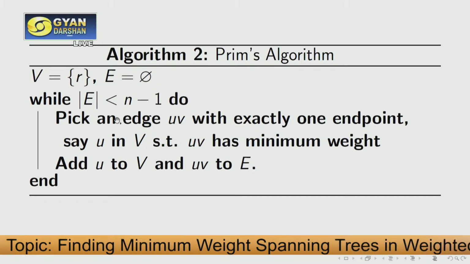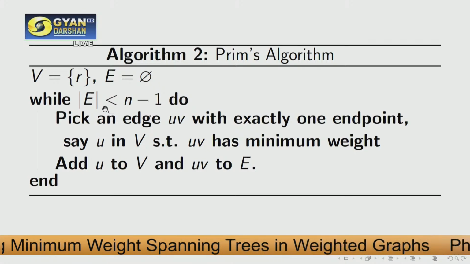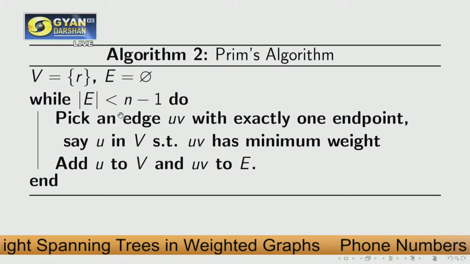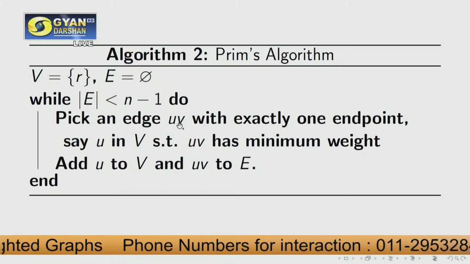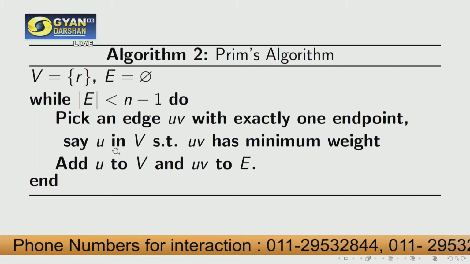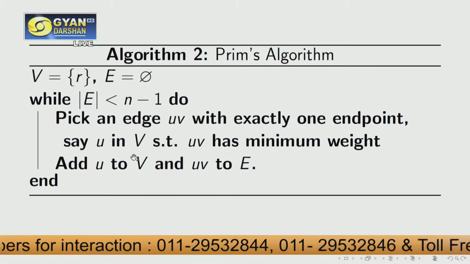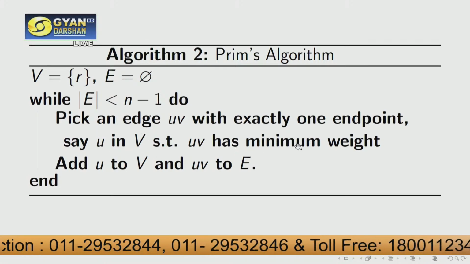Let's repeat this process once again. While E has fewer than n minus 1 edges, pick an edge UV with exactly one endpoint, let's say U, in V, such that UV has minimum weight.